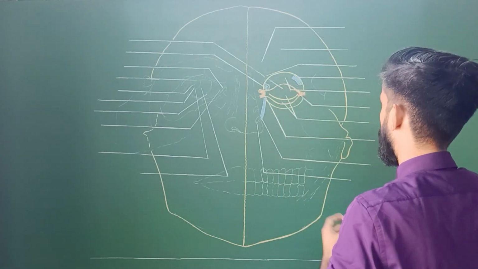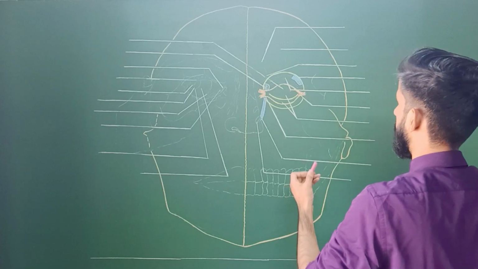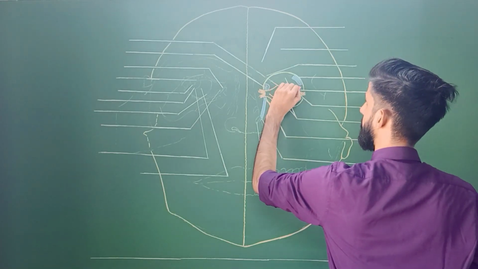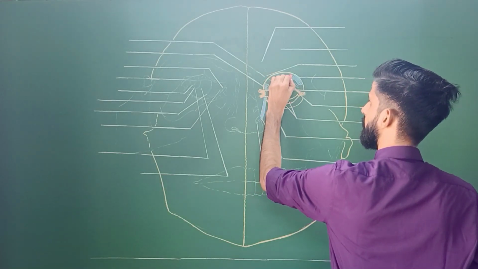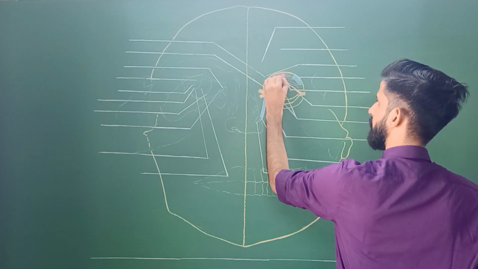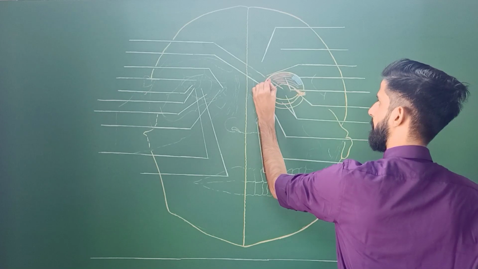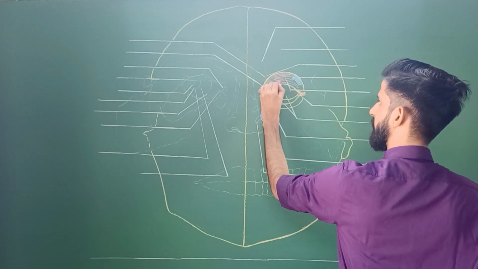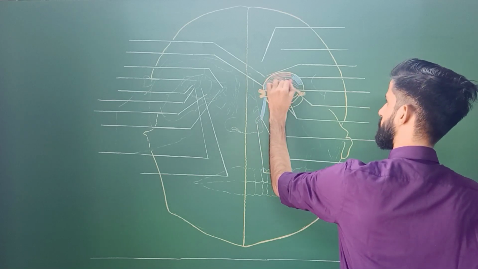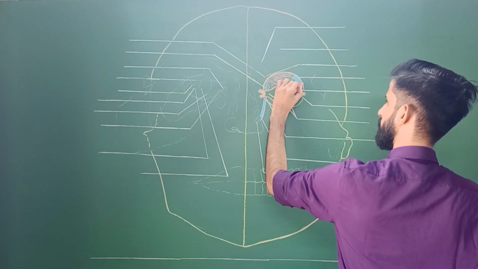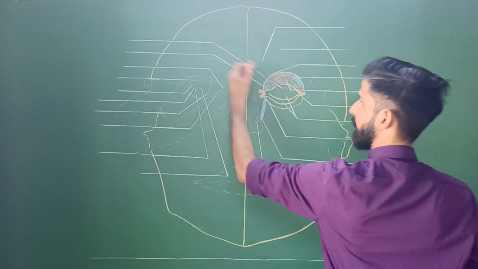Now, over and above this, we have muscle that is levator palpebrae superioris. We are going to name it on this side.